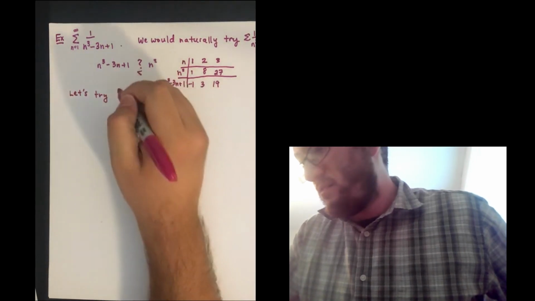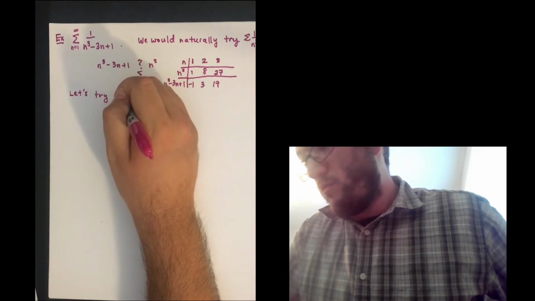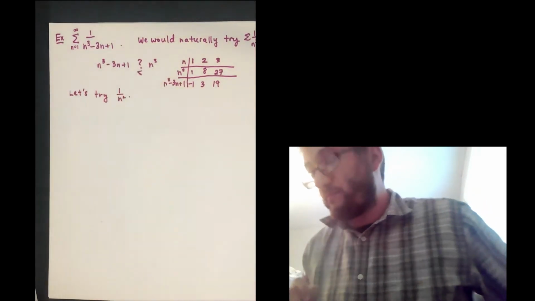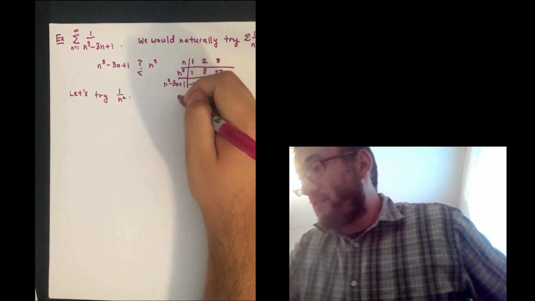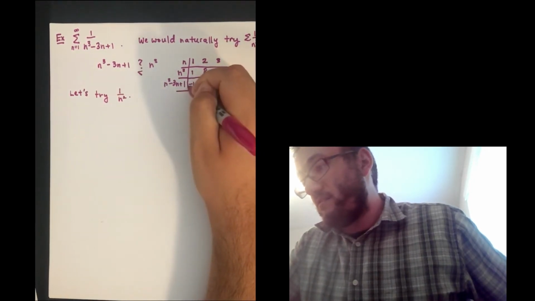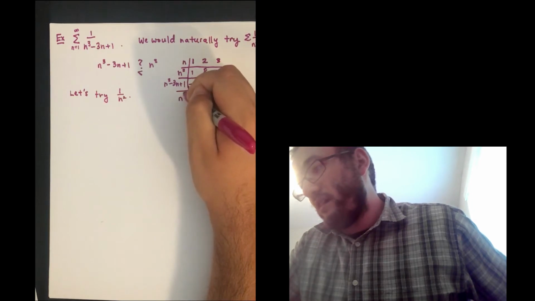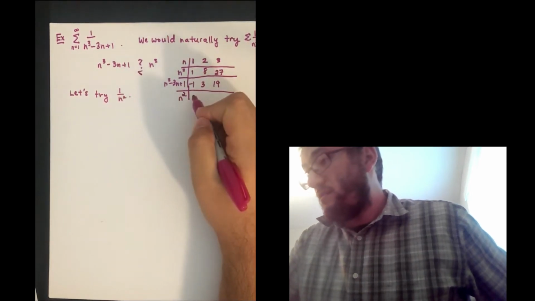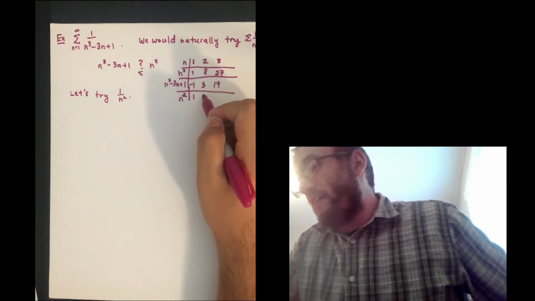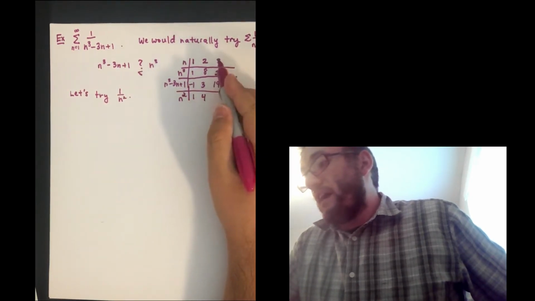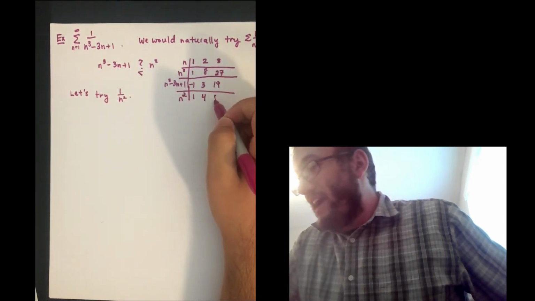Let's try 1 over n squared. So now we can add in a row to this graph, n squared. At n equals 1, we have 1. n equals 2, we have 4. n equals 3, we have 9.